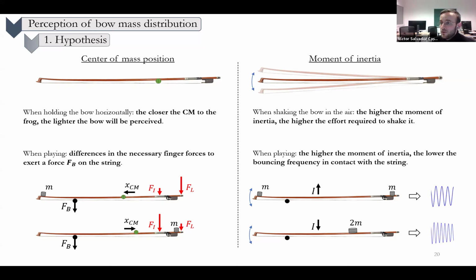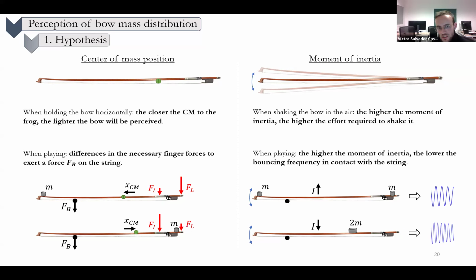Since I already explained before, the higher the moment of inertia, the higher will be the effort to make it rotate or to shake it. So if we have a bow with a higher moment of inertia, it will be much harder to perform some kind of strokes that require a rotation about this axis.